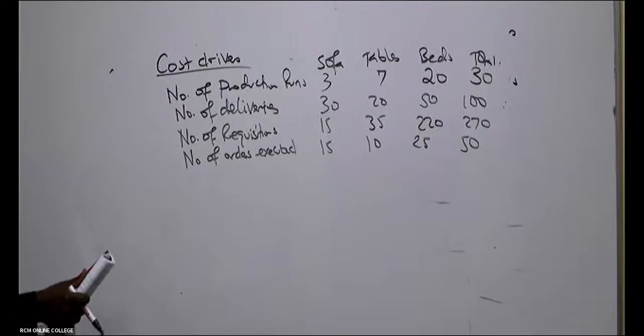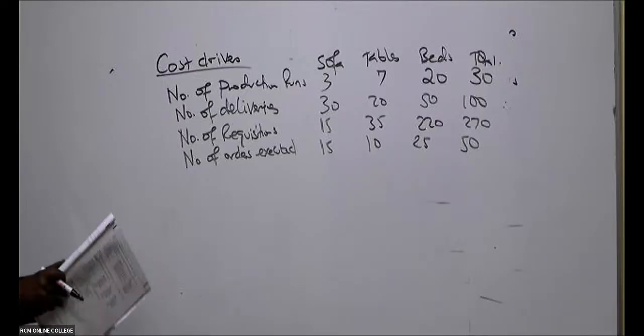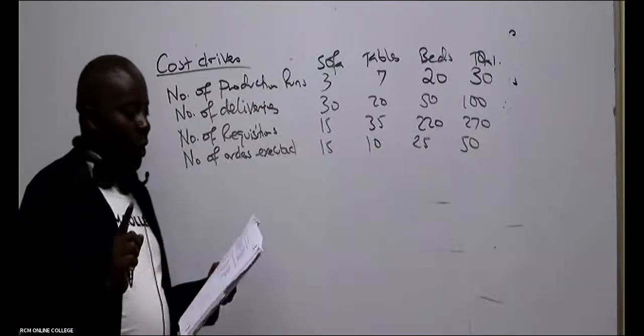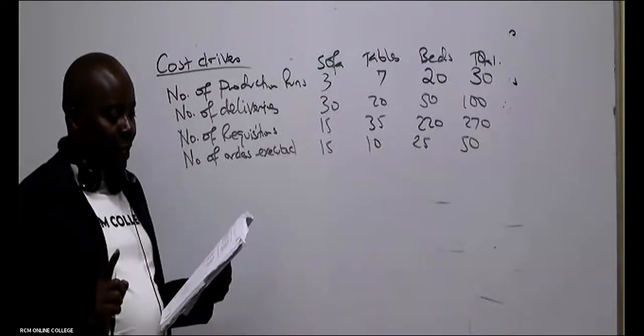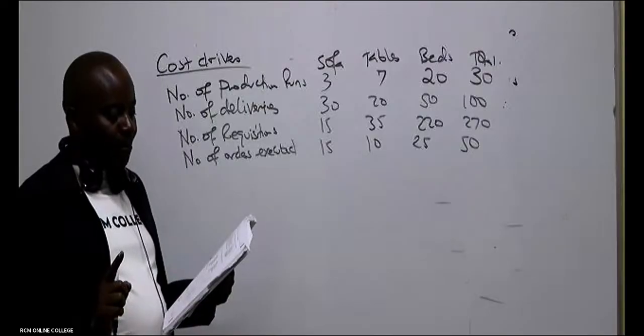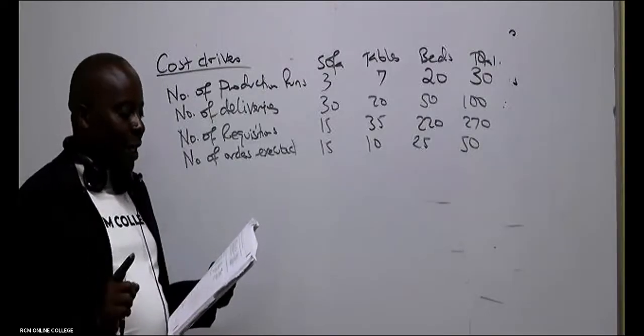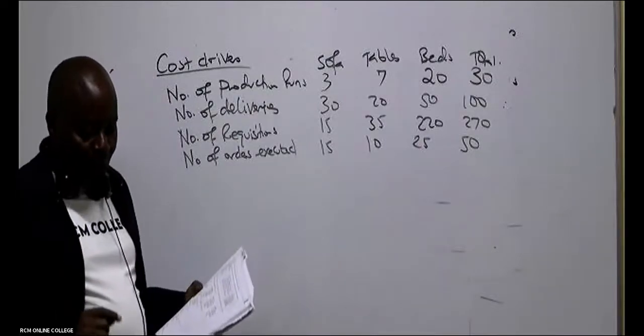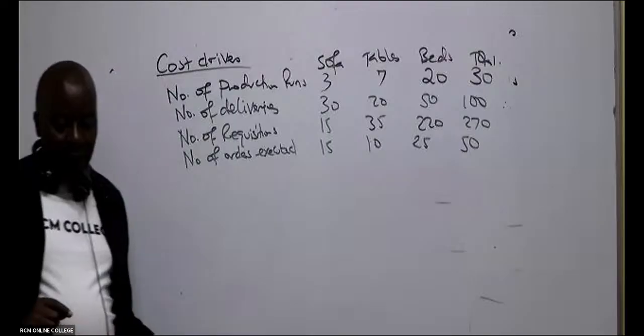Now, ladies and gentlemen, once you have done that, go to overheads provided. When you look at note number 4, we have some overheads provided there. In these overheads, I can see setup costs. How much in shillings? Not yet.